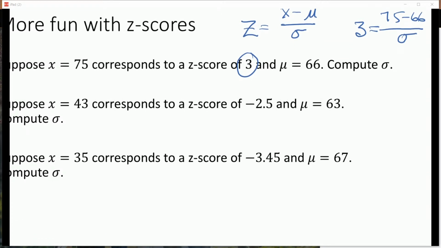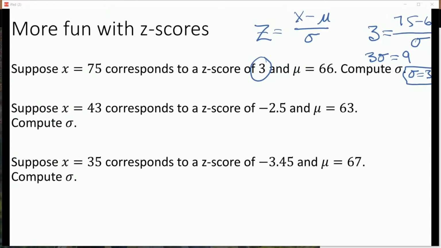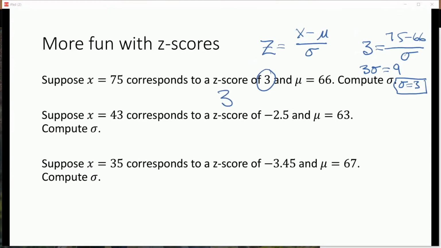Let me remind you how you solve that equation. We're going to multiply both sides by sigma, and that gives me 3 sigma is equal to 75 minus 66, which is 9. Then you can divide both sides by 3, and you get sigma is equal to 3. So the value of sigma is 3 for this one.